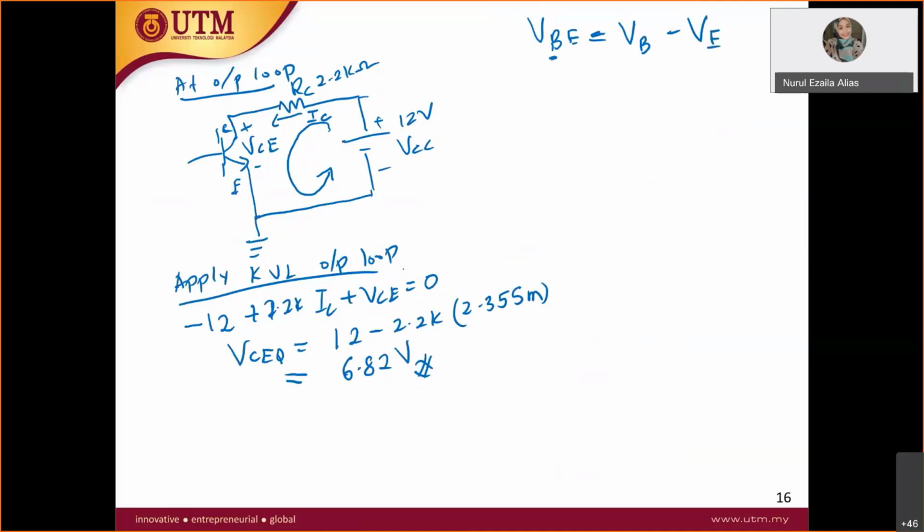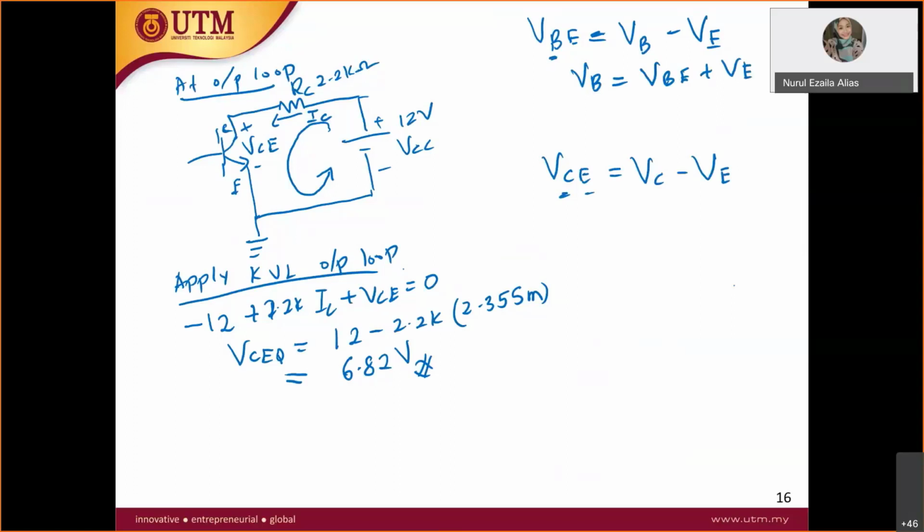VCE is equal to VC minus VE. In order to get your VB, it is equal to VBE plus VE.